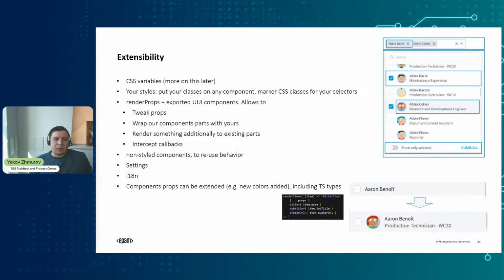We also have a non-styled version of components, so you can reuse behavior but rebuild the visuals. There is a settings object to tune various non-CSS things, like wording, to translate text in components.